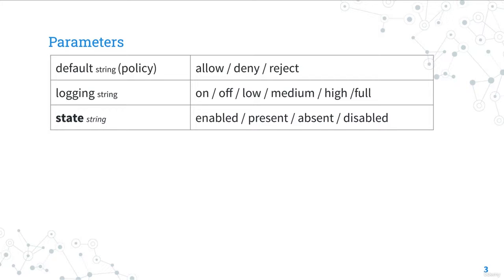The logging parameter toggles UFW logging. Logged packets use the log_kern syslog facility. The state parameter specifies to enable or disable the firewall.